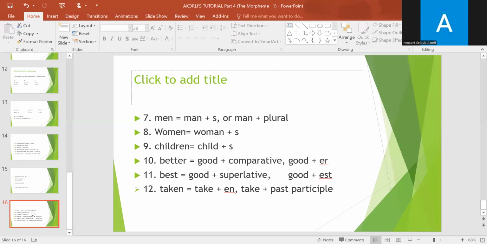Better is equal to good plus comparative, or somebody can also say good plus ER. It's all right. Best is equal to good plus superlative or good plus EST. Then taken is equal to take plus EN or take plus past participle.